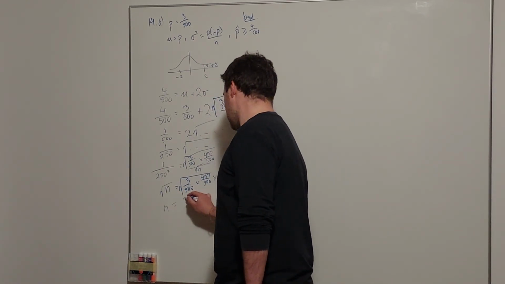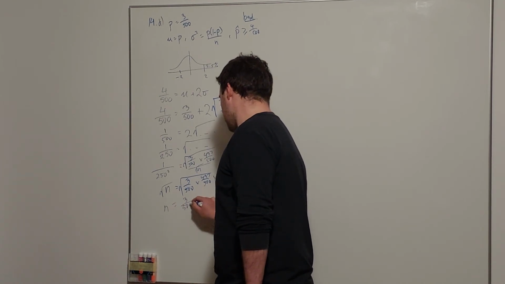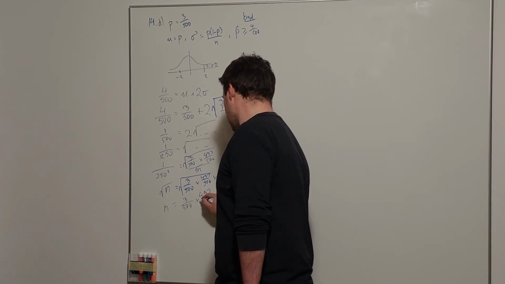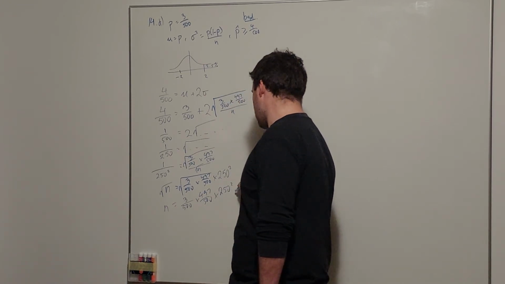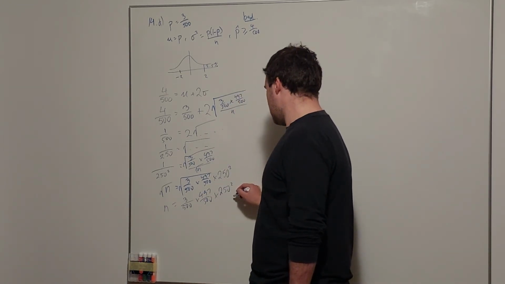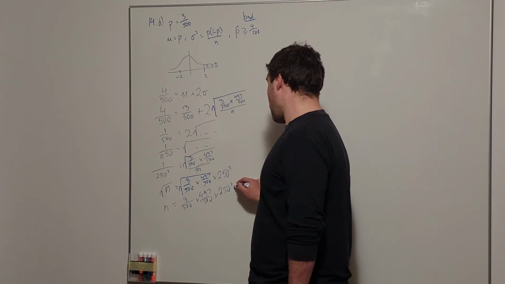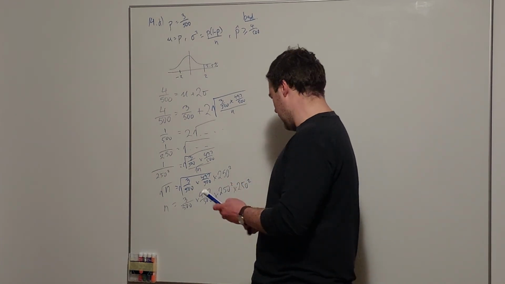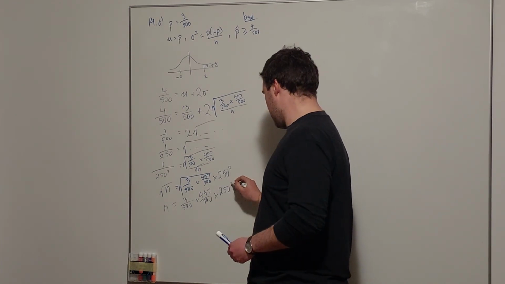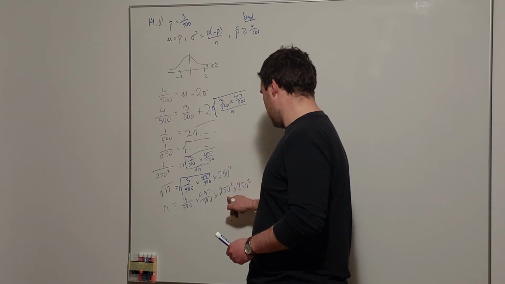And it's going to be 3 on 500 times 497 on 500 times 250 squared, squared, times itself again, and then 250 squared.